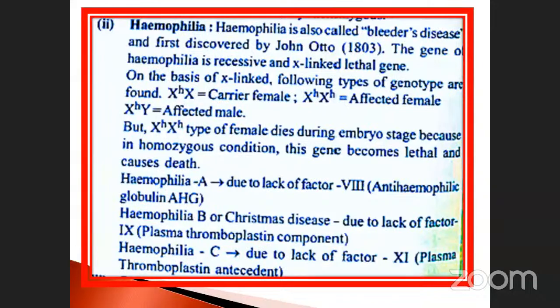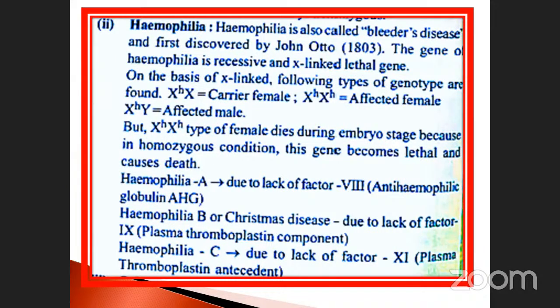Anti-hemophilic factor is the 8th factor. Suppose due to the lack of this factor, the type is called hemophilia A. And the second one is hemophilia B, otherwise called Christmas disease.